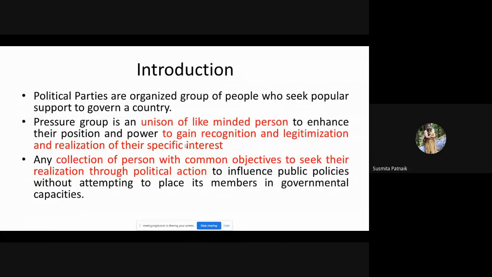So craftsmen, doctors, teachers, different persons are called pressure groups. But does a doctor have any interest in seeking power in the political system? No. Only members of a political party want to get a seat in the legislature or in the political system arena. So this is the basic difference.